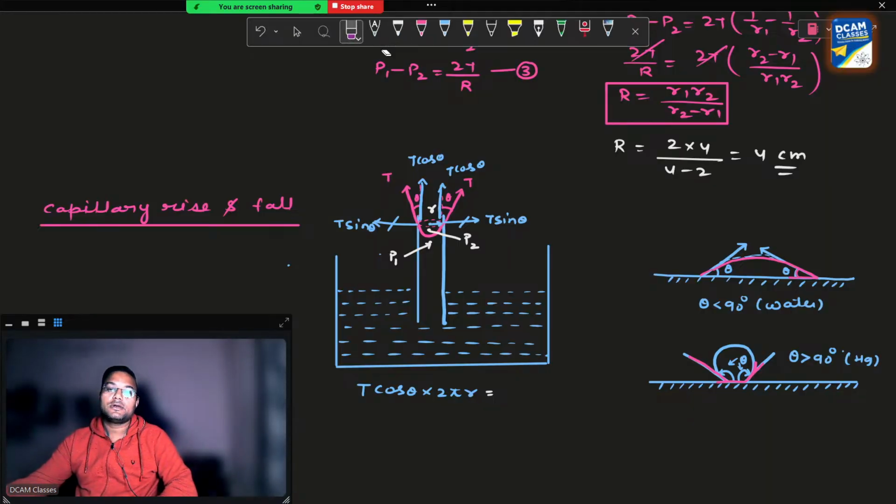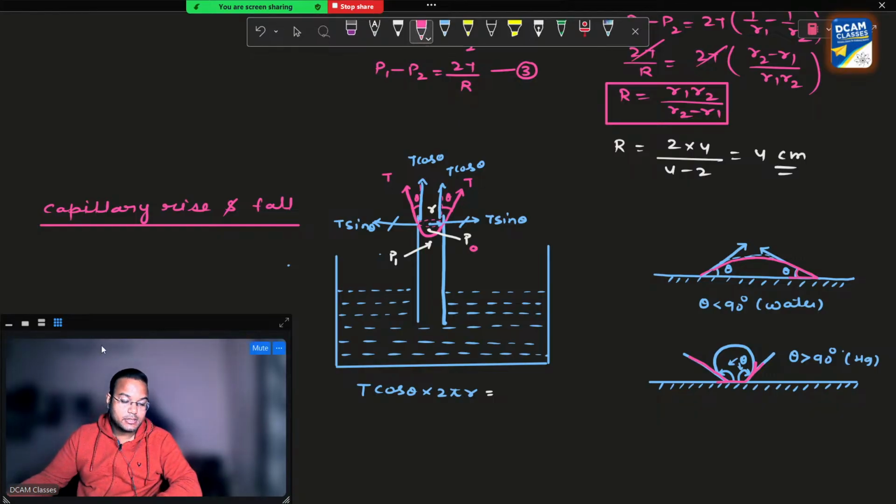Actually it should be P0. Atmospheric pressure. Obviously, if the curvature is like this, P0 should be higher than P1. Clear?